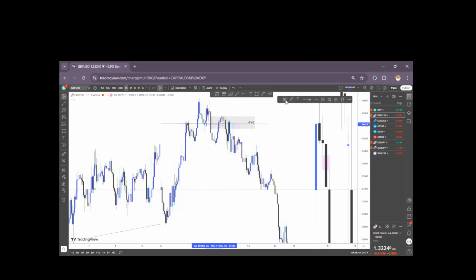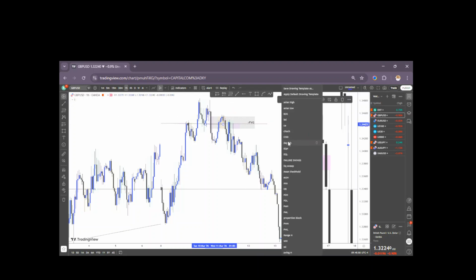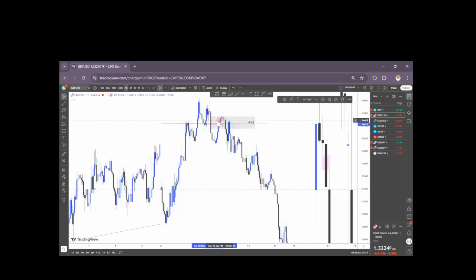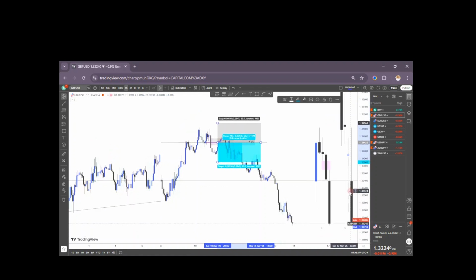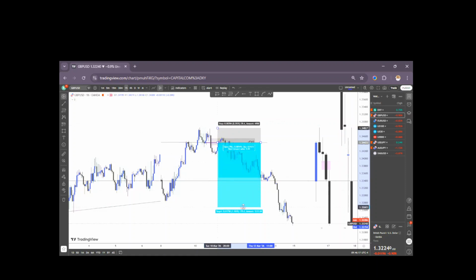So I told you guys, a change in state of delivery and a fair value gap are very strong entry models, because now you see price came back to this fair value gap, filled it, and went down. So I would have taken my trades from this point, from the midpoint, or the consequent encroachment of the fair value gap, placed my stop loss at that point, and aimed for the next liquidity.